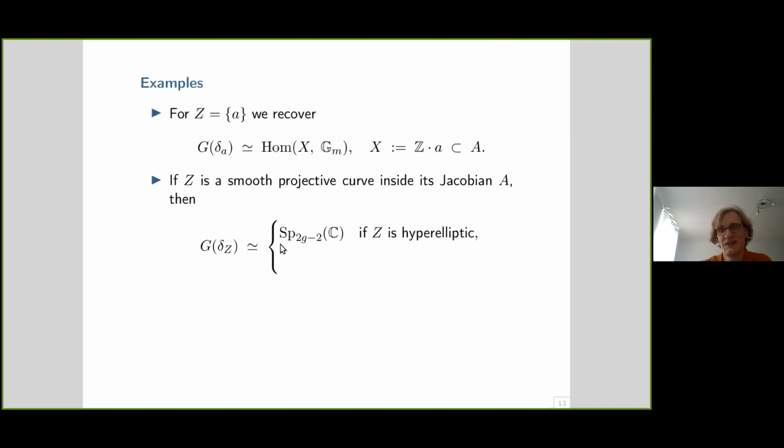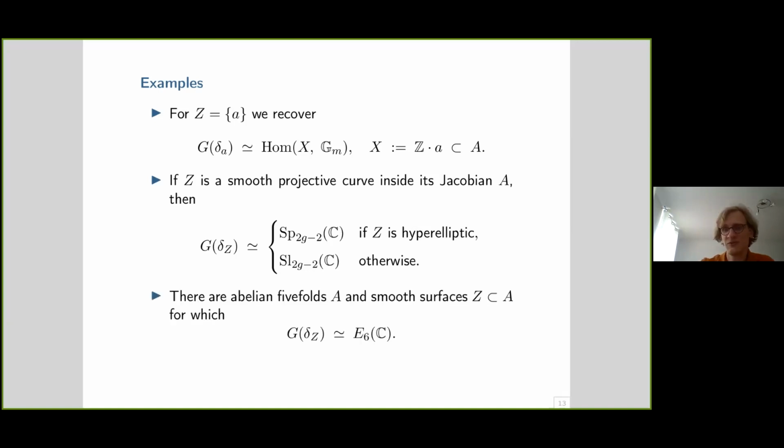And so this gives you a duality on the representation, and in this case, this gives you an alternating form, so the group is a symplectic group. But if the curve is not hyperelliptic, there's no reason for having a symmetry, and in that case, you get the full special linear group. So these are classical groups, and in some sense, the goal of this talk is to explain why this is a typical example.